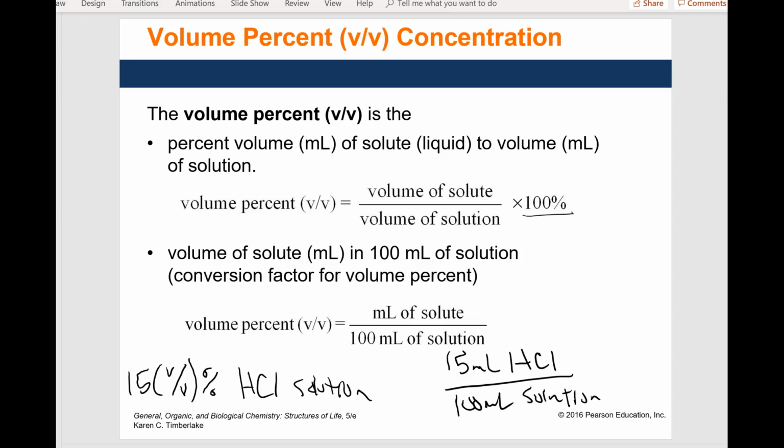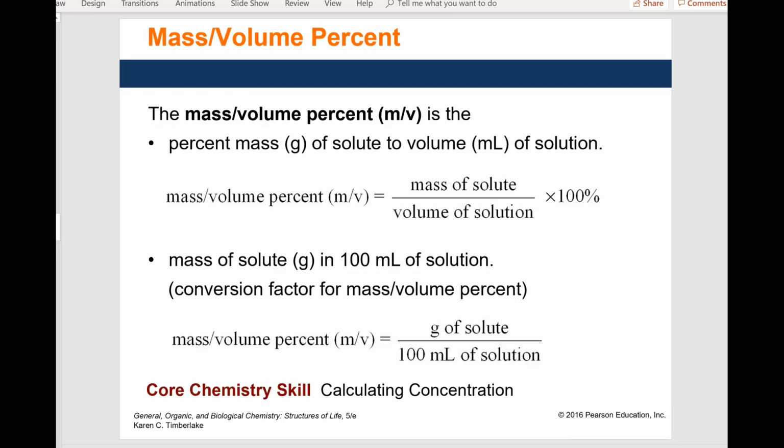Or we can use a combination of mass and volume, or weight and volume. So if I were measuring out sodium chloride, I would get a mass of sodium chloride, but if I'm putting it in water, I'm probably going to measure the volume of that water rather than the mass of it. And so you can do a mass volume percent or a weight volume percent.